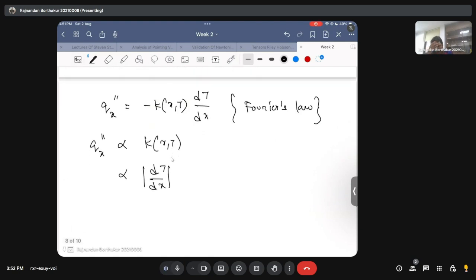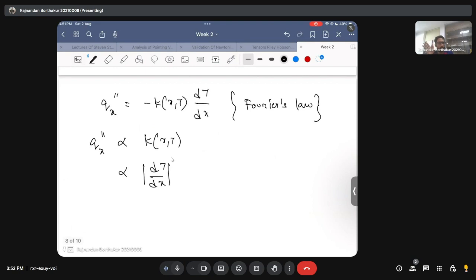So now we just need to see how these two individual quantities vary along plus x.